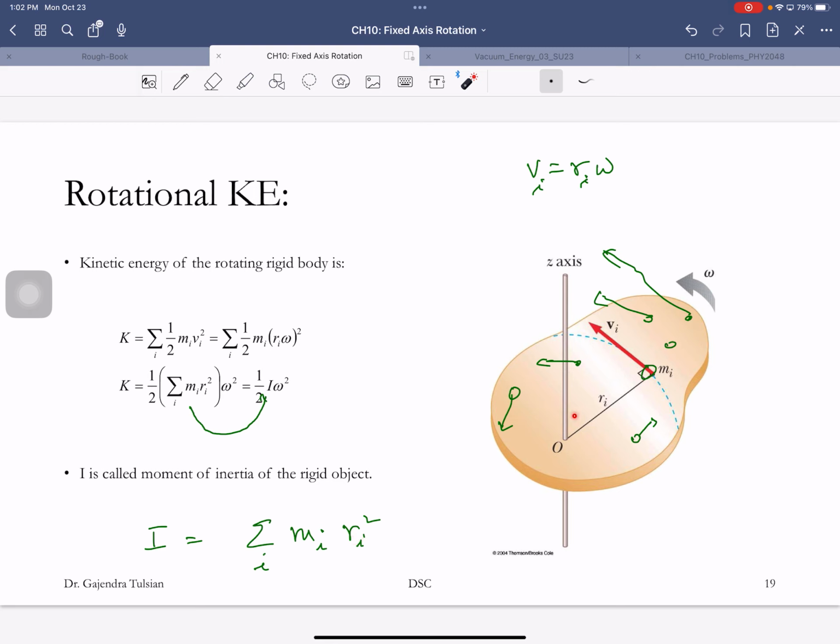If you make the pieces come closer with the same total mass, the moment of inertia will be smaller. So the closer the mass is distributed to the axis of rotation, the smaller the moment of inertia. If all of the mass is right on the axis of rotation, then the moment of inertia will be very small or zero.